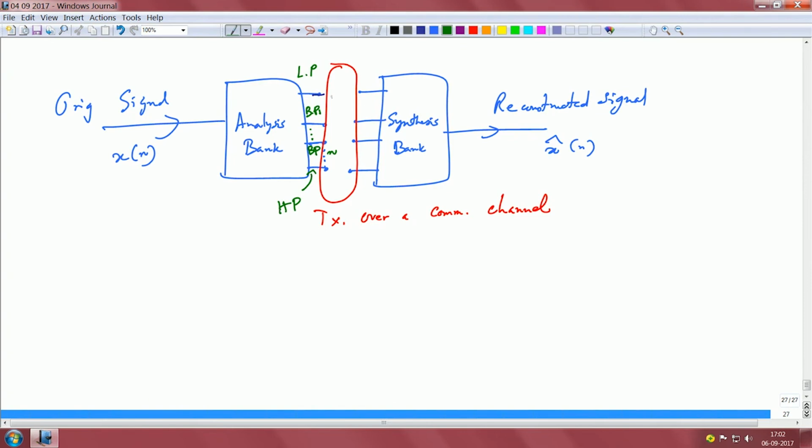That means I can adjust my sampling rate in the subband signals and quantize and do anything that I want to compress. And again I restore this sampling rate through upsampling, then I get a set of signals at the input of the synthesis bank, and then I try to reconstruct the signal.